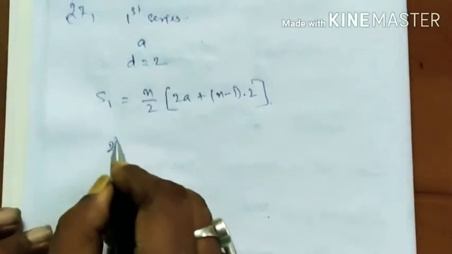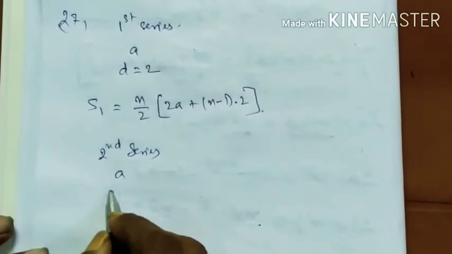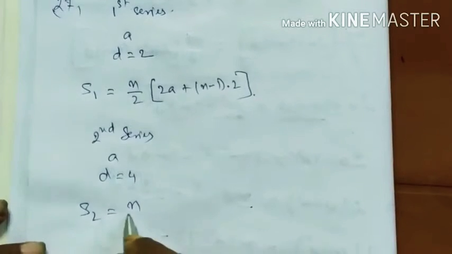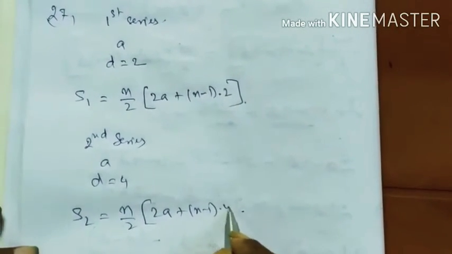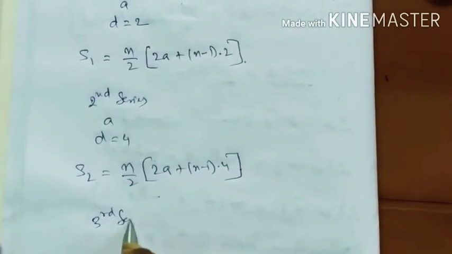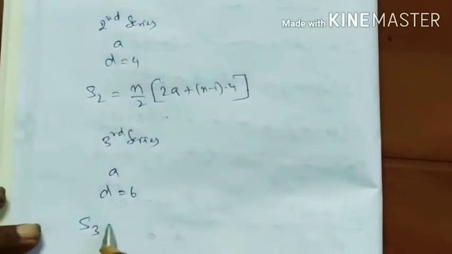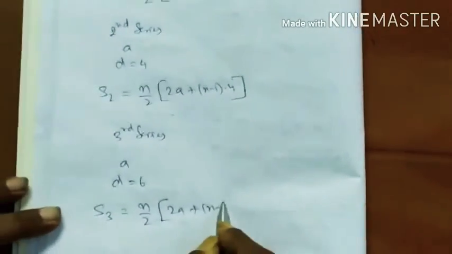So in the second series, A is the first term, and D is 4. So S2 is equal to n by 2, 2A plus n minus 1 into 4. And in the third series, the first term is A, D is equal to 6, S3 is equal to n by 2, 2A plus n minus 1 into 6.